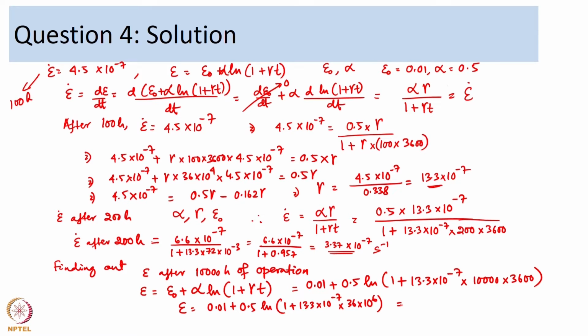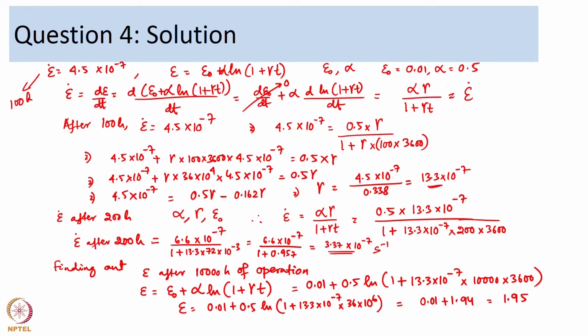So, that makes it 0.01 plus 1.94, that is equal to 1.95.